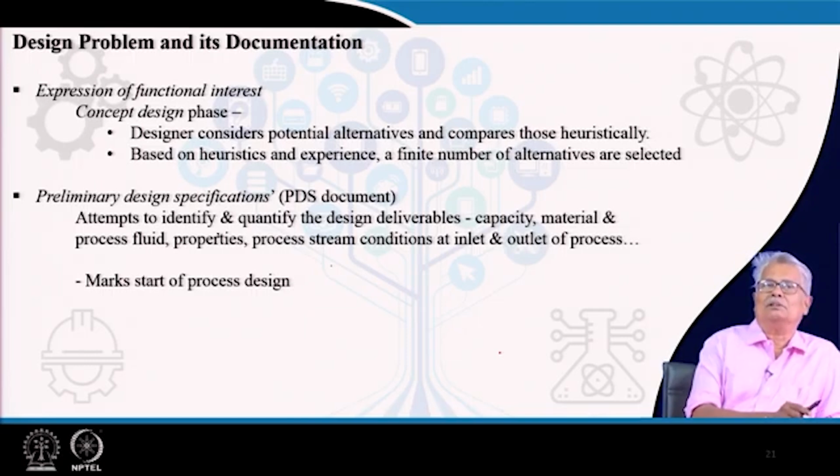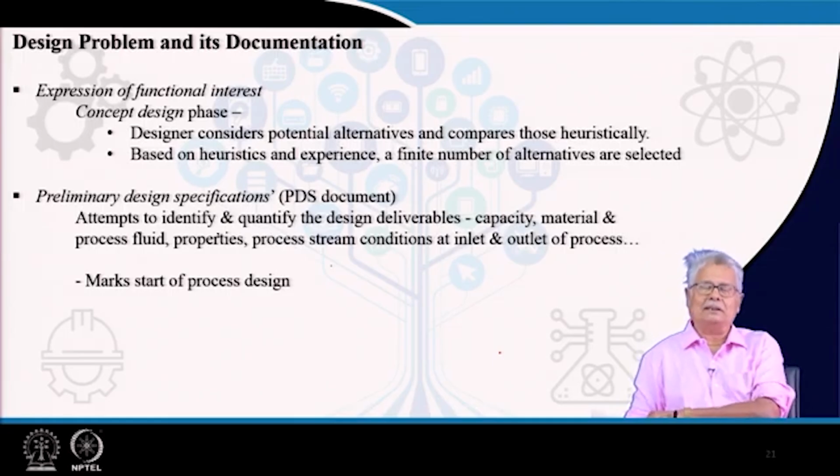That means, the product is basically the design which he has to deliver, and in his mind he definitely will be considering different technologies for this ammonia plant. But all these will initially be done mostly in his mind without doing any quantitative calculation. That means, he heuristically thinks and he heuristically decides these are the companies and these are the technologies perhaps which can meet the requirement of my client.